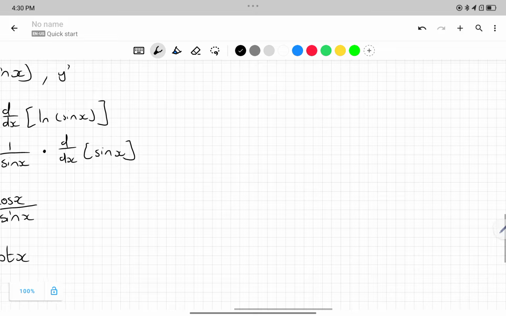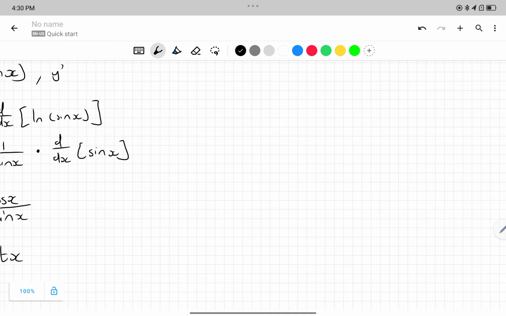And then question 5 says, given that y is equal to ln of x to the exponent of 1 over 2, let's find y prime.